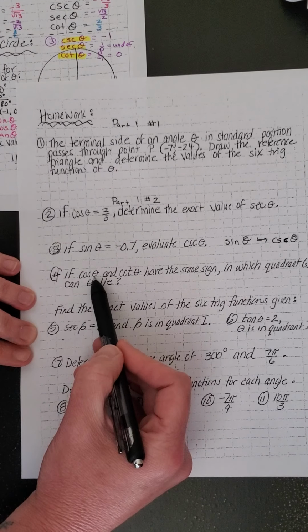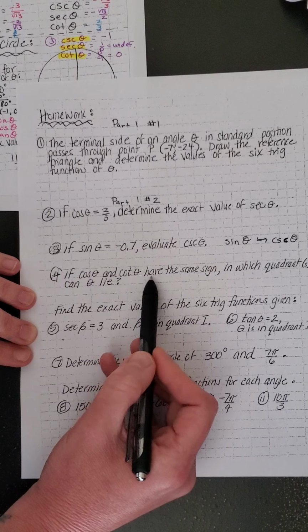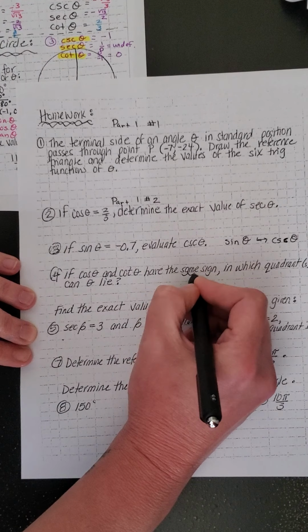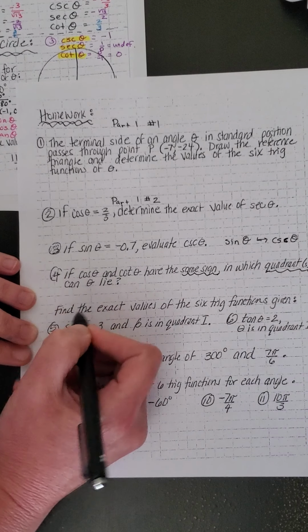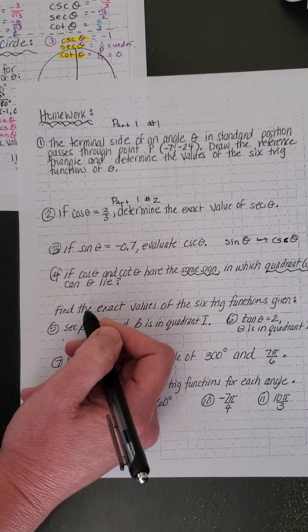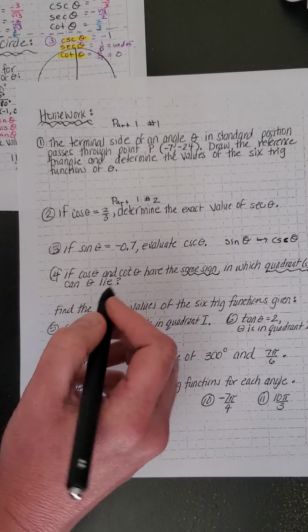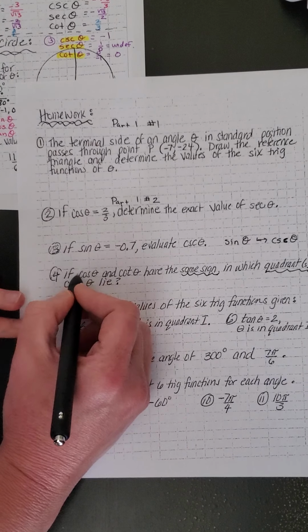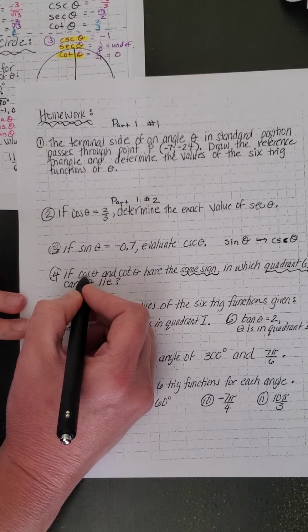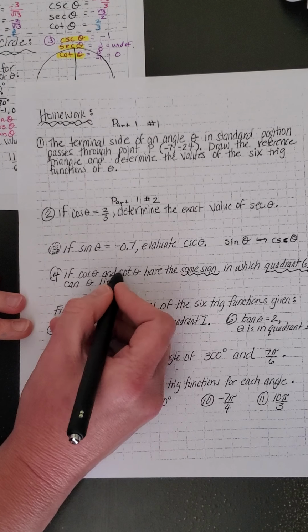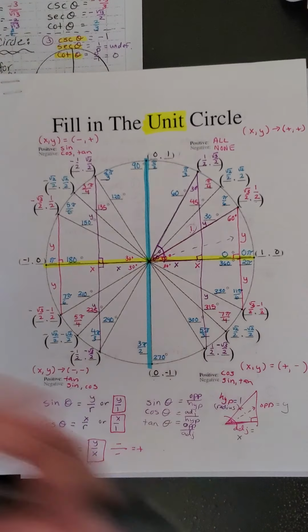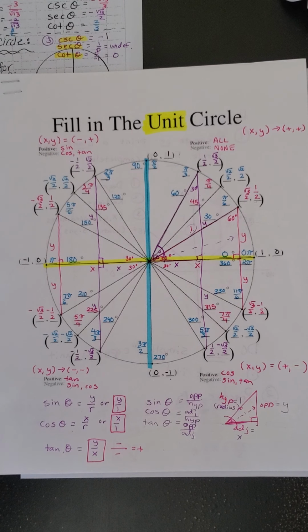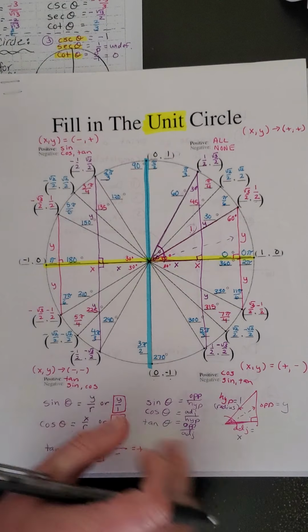If cosine theta and cotangent theta have the same sign, which quadrants can theta lie in? So you're going to go back to the fact that cosine is positive in certain places, and cotangent is positive wherever tangent's positive. And on your unit circle, tell me what quadrant or quadrants that happens.